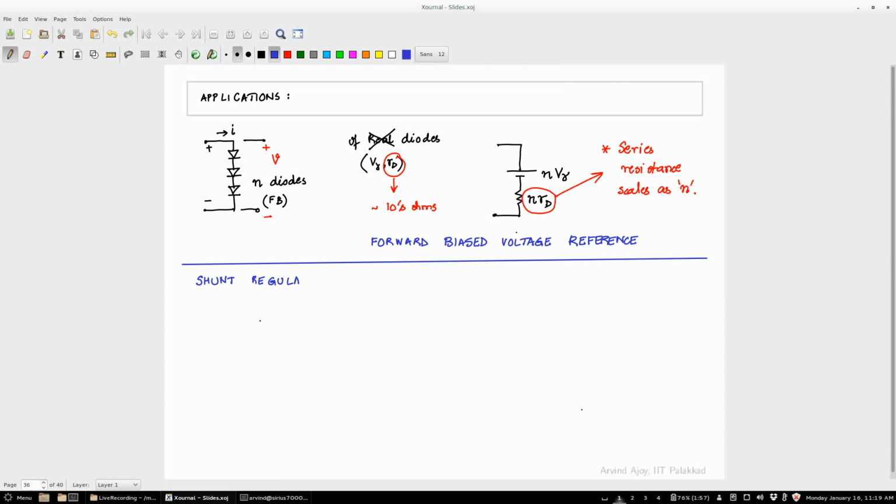Okay. Why do you need a regulator? So the application that we are actually going to look at is called a shunt regulator. So we had looked at supplies, right? We looked at a power supply where you had some transformer, and then you had either full wave or half wave or whatever.